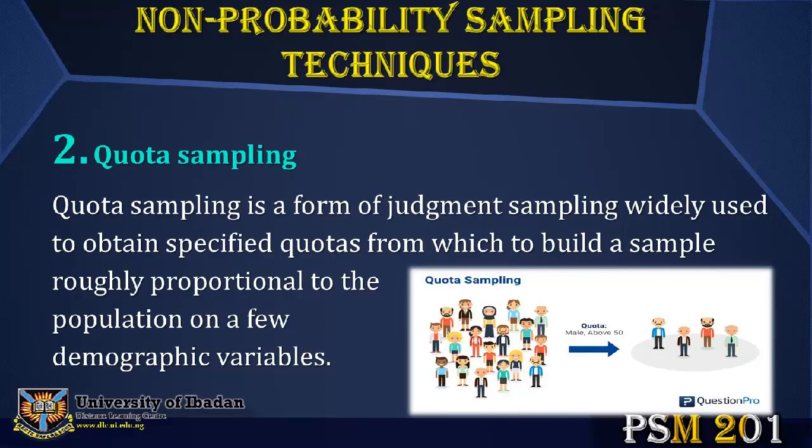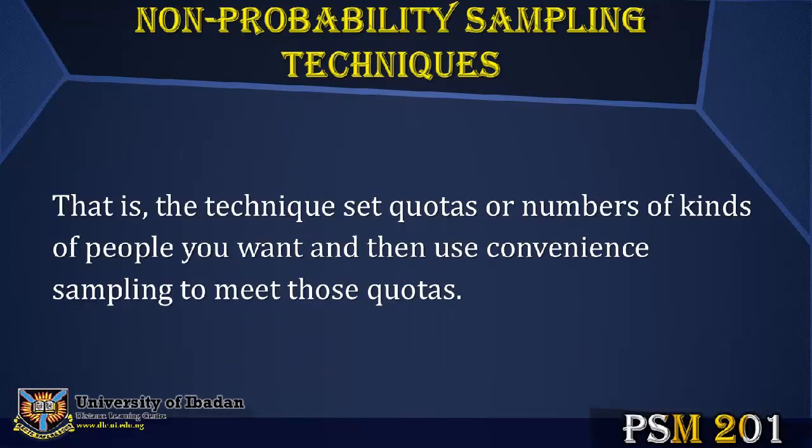Quota sampling. Quota sampling is a form of judgment sampling widely used to obtain specified quotas from which to build a sample roughly proportional to the population on a few demographic variables. That is, the technique sets quotas or numbers of the kinds of people you want and then uses convenience sampling to meet those quotas.